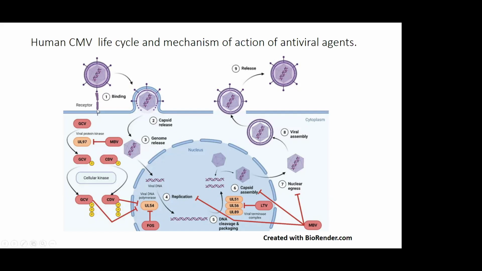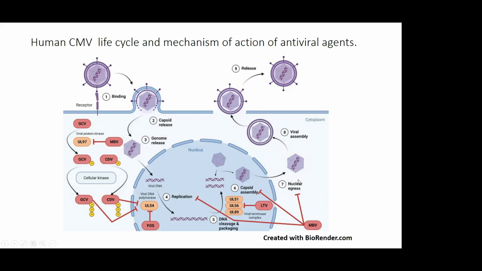A CMV virus binds to a receptor, fuses with the membrane, and then releases the capsid that contains the nucleic acid into the cytoplasm, and by breaking the capsid, the nucleic acid gets transferred across the nuclear membrane like any respectable DNA virus, and then the DNA gets replicated under the effect of the viral DNA polymerase, and then the DNA gets cleaved and packaged, and then encapsulated, and this capsid with the load of nucleic acid inside it gets transferred out with what they call egress.